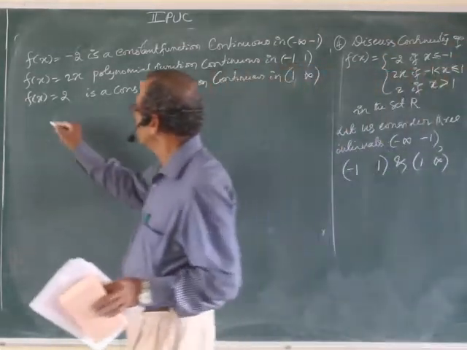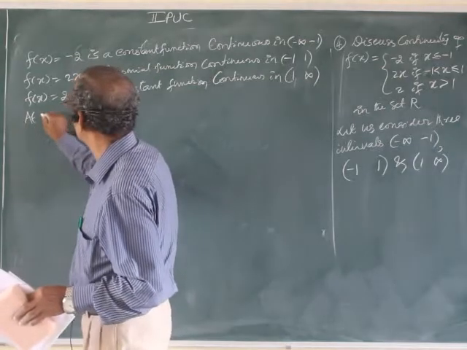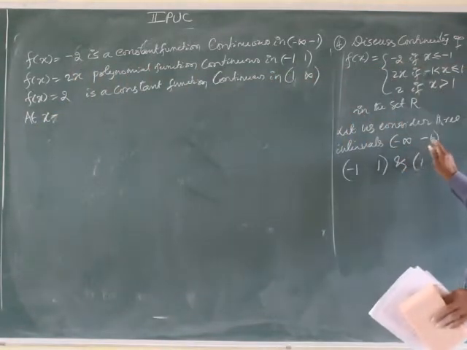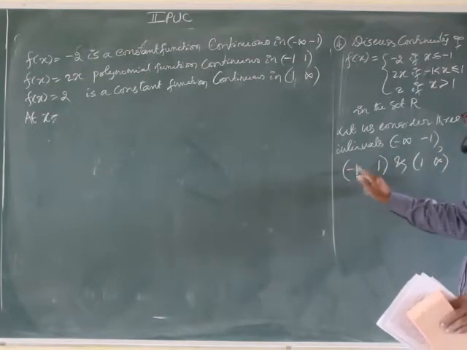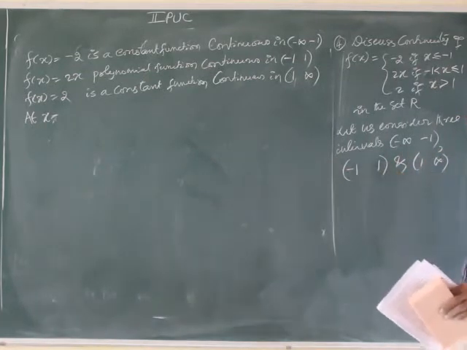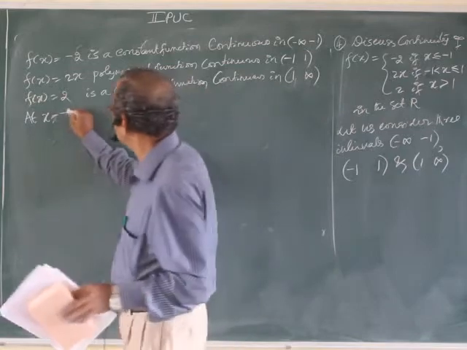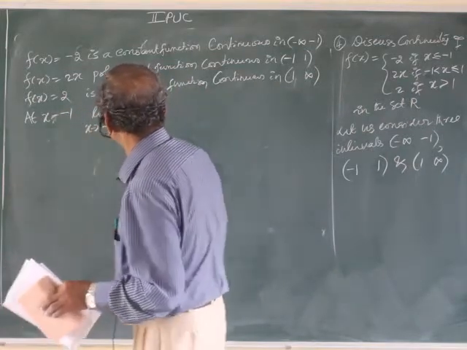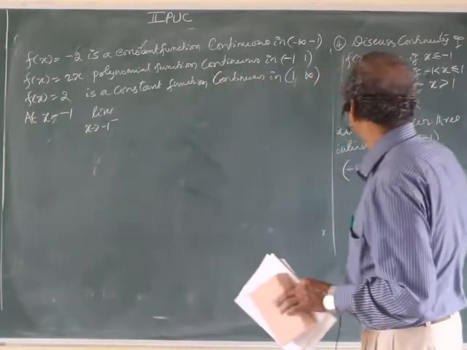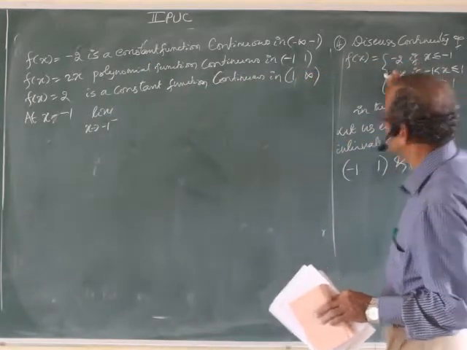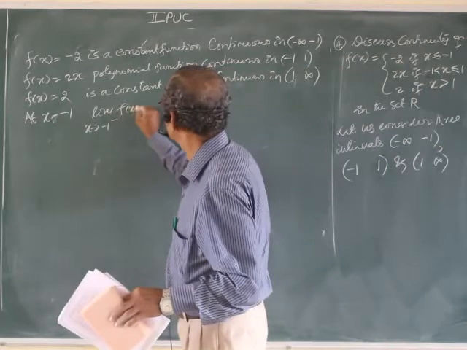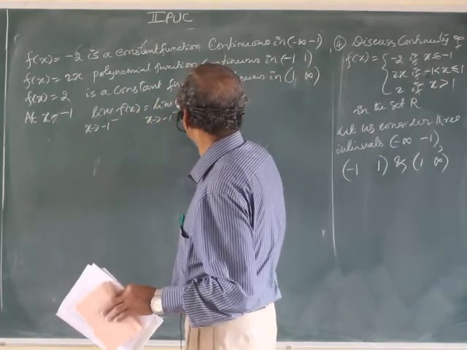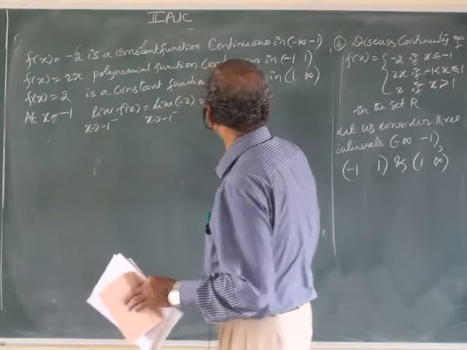Now, first of all, the first breaking point is -1. Again 1. At -1, limit x tending to -1 from the negative side, less than -1, this equation, f of x equal to -2.